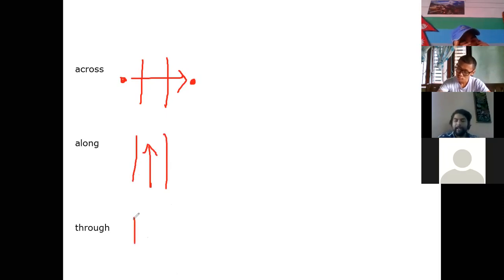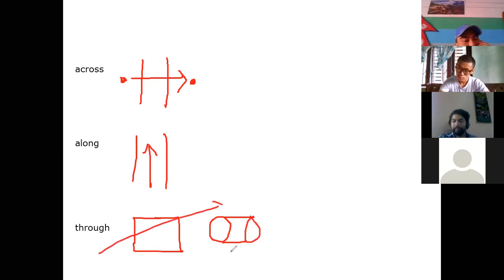Now through is like this: if you happen to pass by some enclosed object, from one point to the other side, that is through.